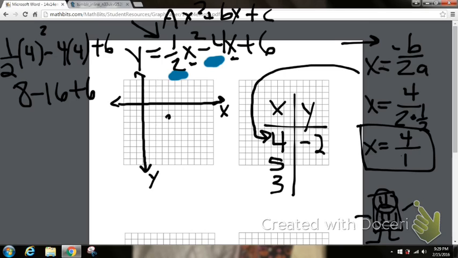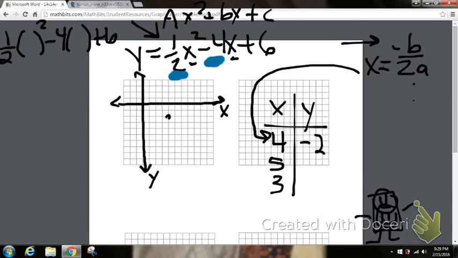I'm going to substitute in 5 where x used to be. We're going to square 5 because we have a square before we multiply by 1/2. Square 5 would be 25, and half of that, we can make this a decimal, 12.5.